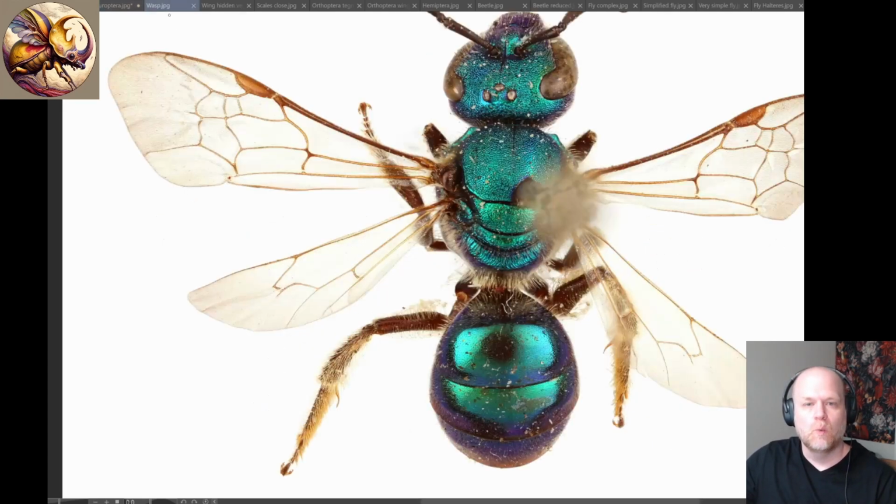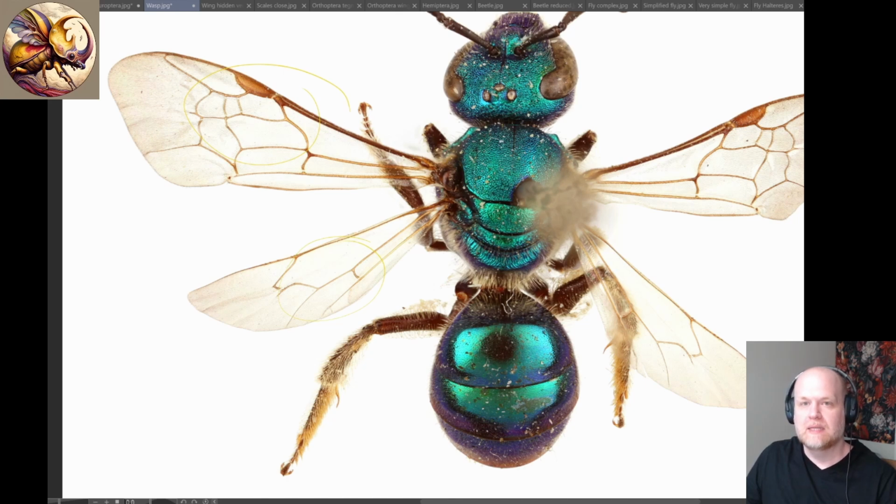If we move on to the wasps, wasps generally hook their wings together. I believe it's with hamuli hooks, but you can still see an overall reduction in venation, especially between the two wings. The forewing generally has more veins than the hind wing does in wasps.